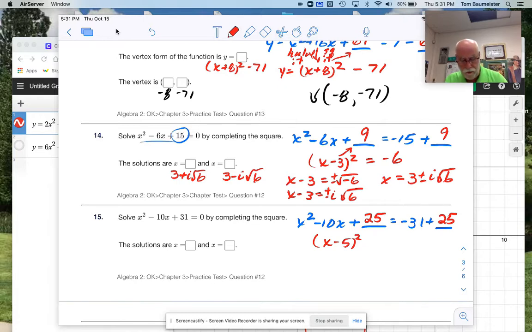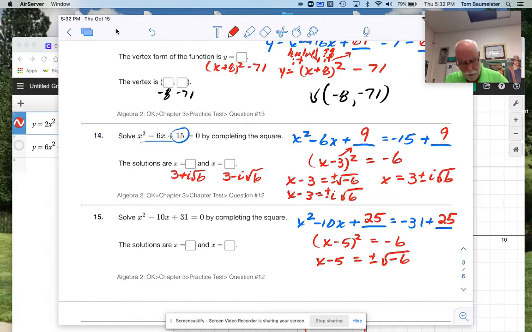So x minus 5 squared is equal to negative 6. It would have been nice to have different numbers there, but oh well. So now I have x minus 5. Again, we're going to undo the square, so that means we're going to do a square root. Okay, what do you see?